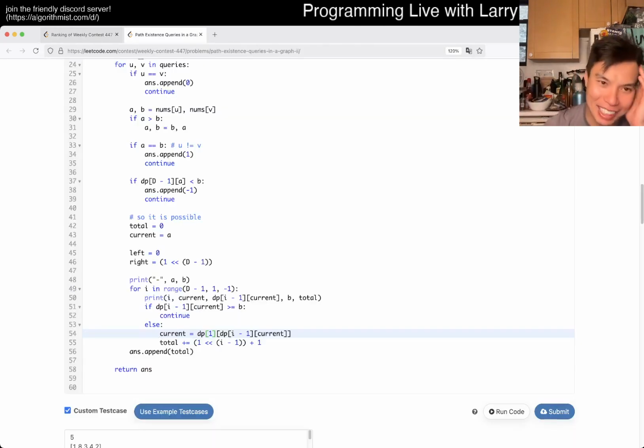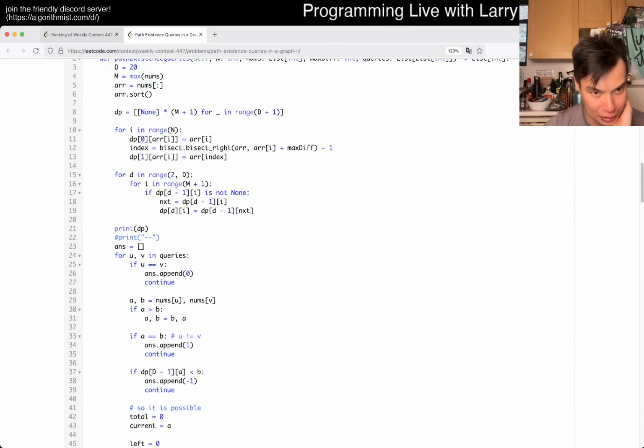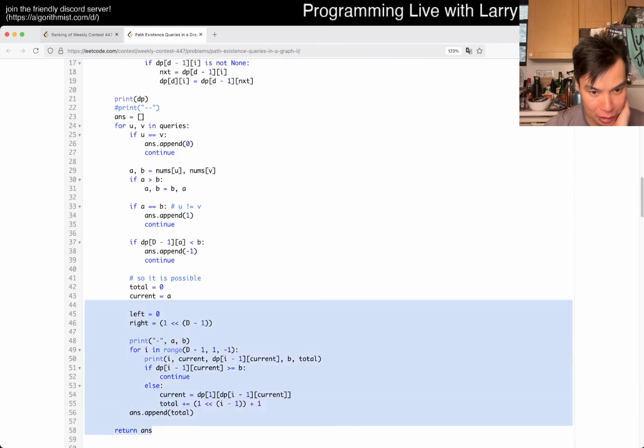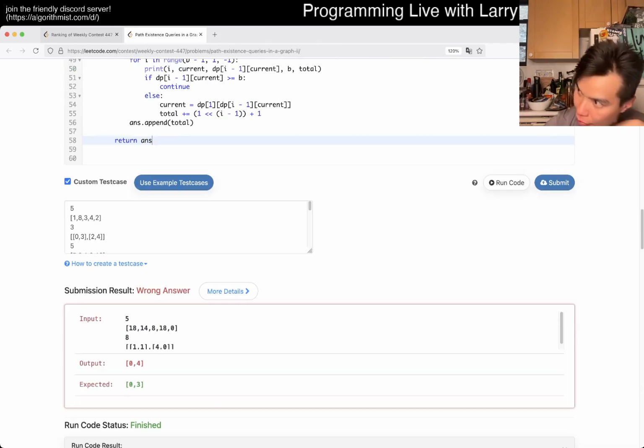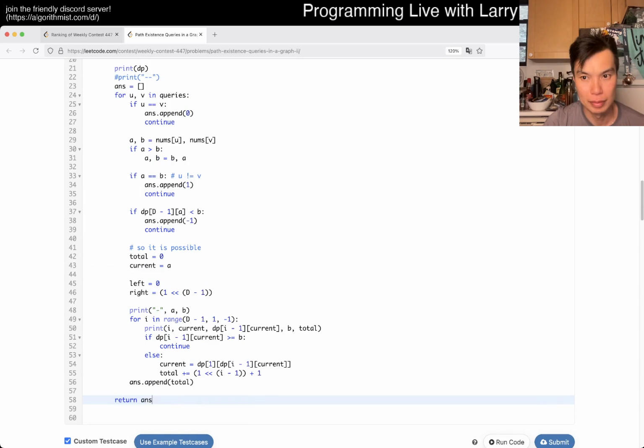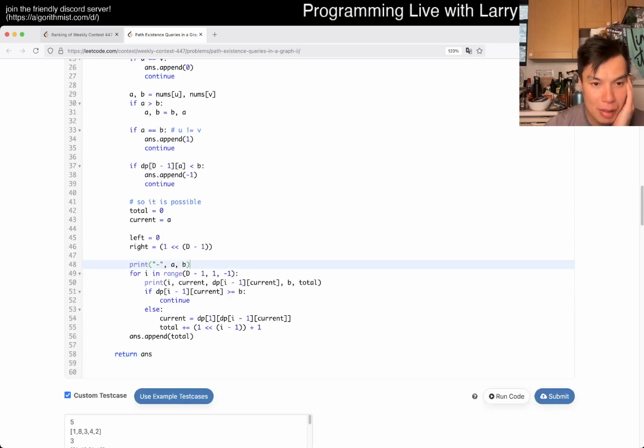I knew the ideas, but I'm just so bad at this part of reconstructing. Yeah, another loop of 20 would be too slow, I think. Yeah, 20 times 20 is 400. Yeah, that would be too slow, probably.